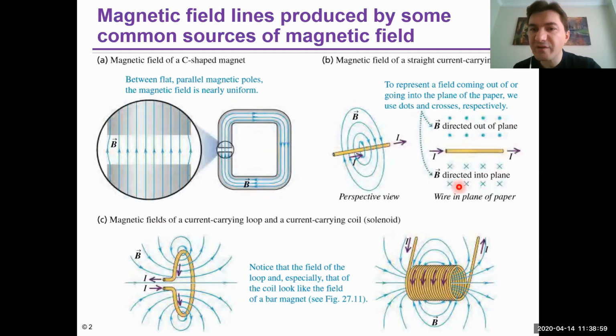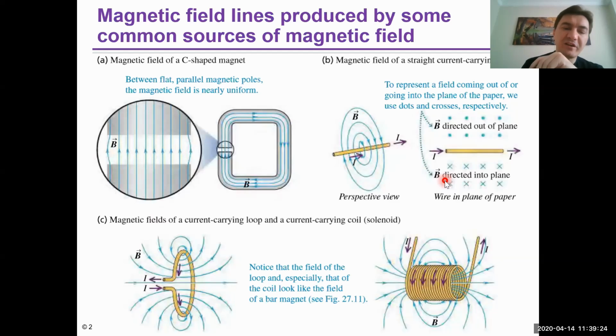The direction of the magnetic field is directed into the plane. So you can consider you have an arrow. This is the front side of the arrow, and this is the back side of the arrow. The back side is shown by that symbol, okay? So the direction of the magnetic field produced by a straight current carrying wire can be shown also like this.